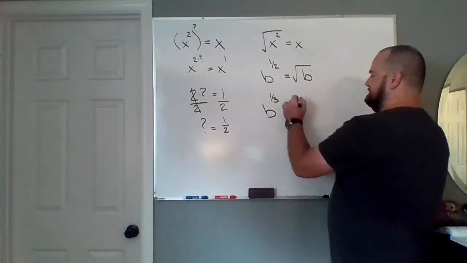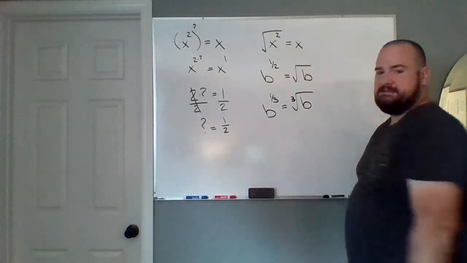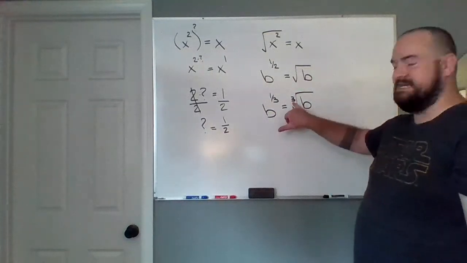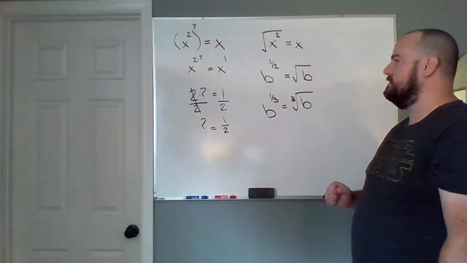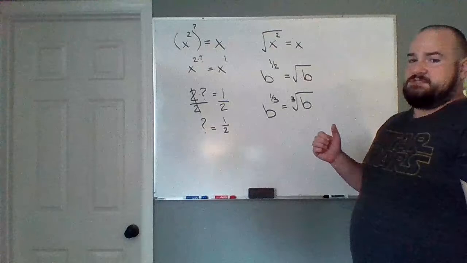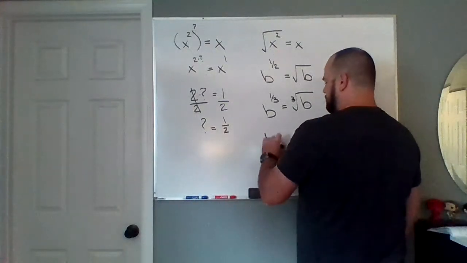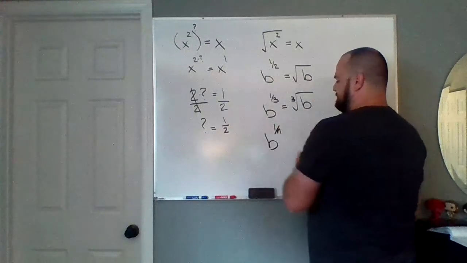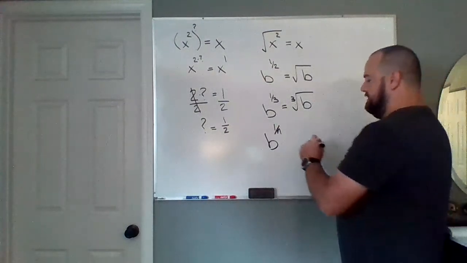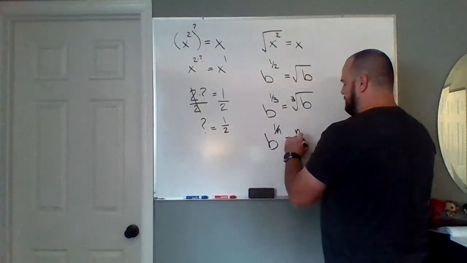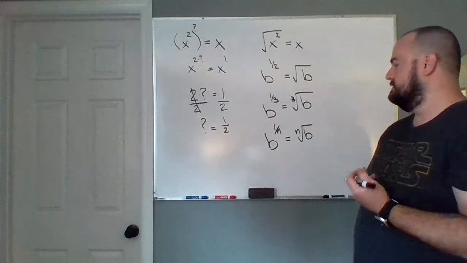The way we write that is like this: this is the index of the root. It's the third root of b. So in a more general sense, if I have b raised to the 1 over n power, that is simply the nth root of b.